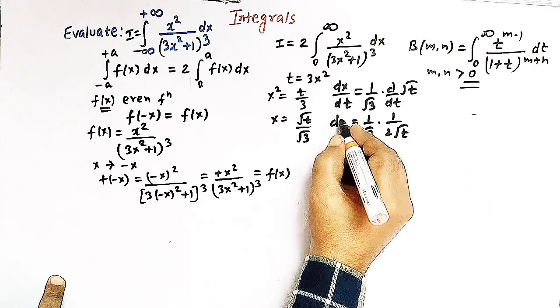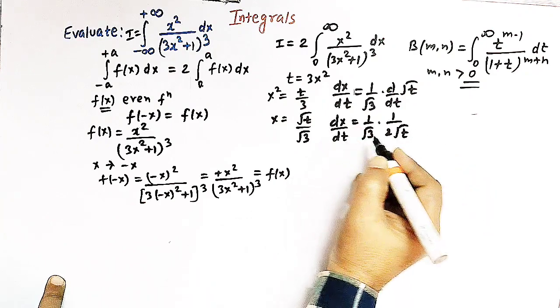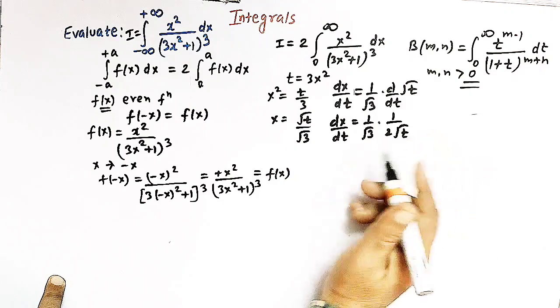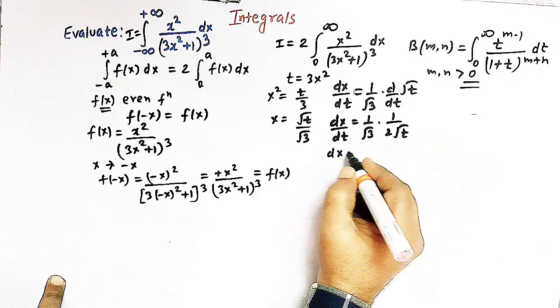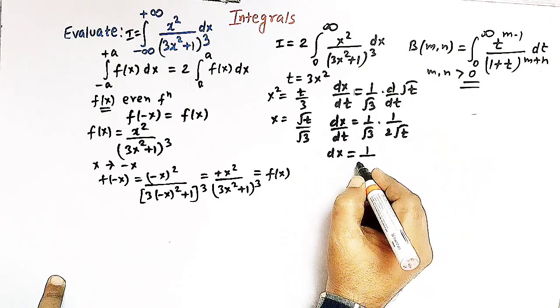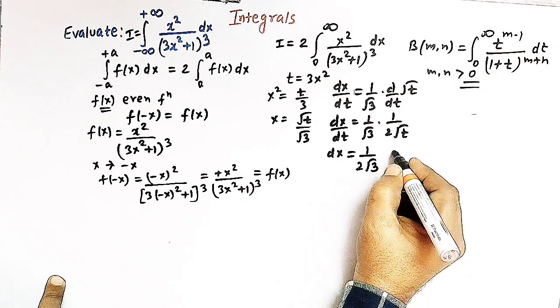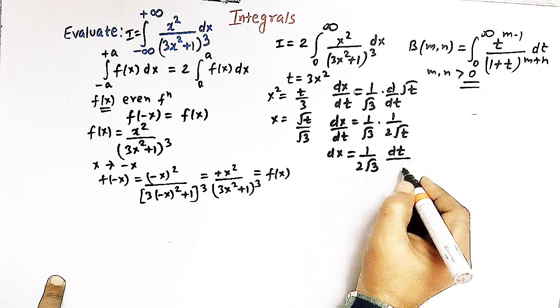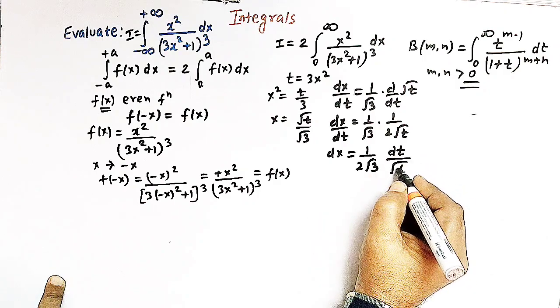So now dx can be written as 1 over 2 root 3 times dt over square root of t.